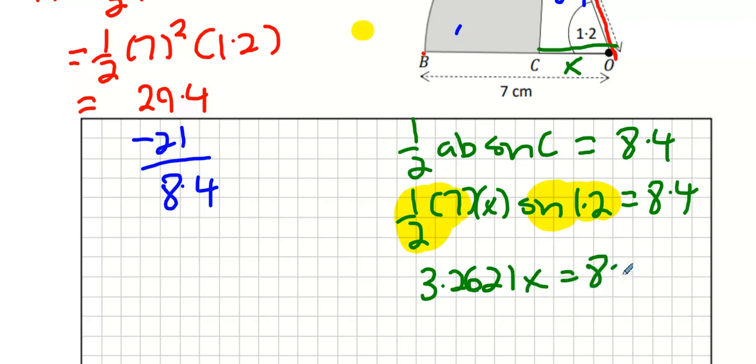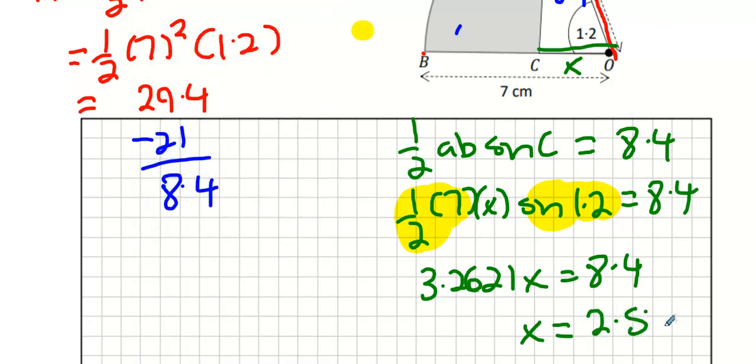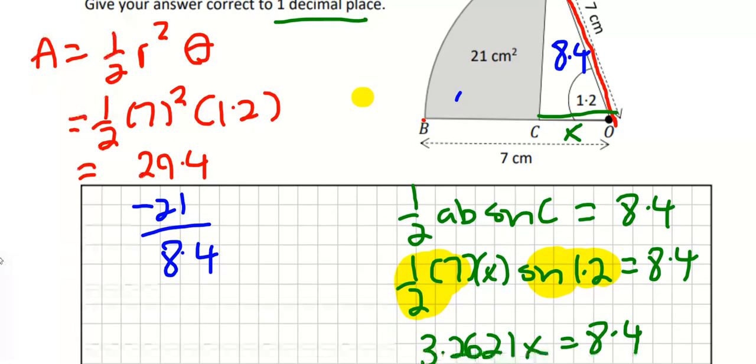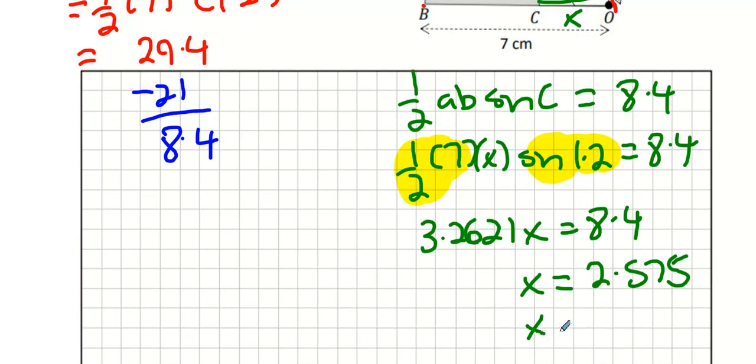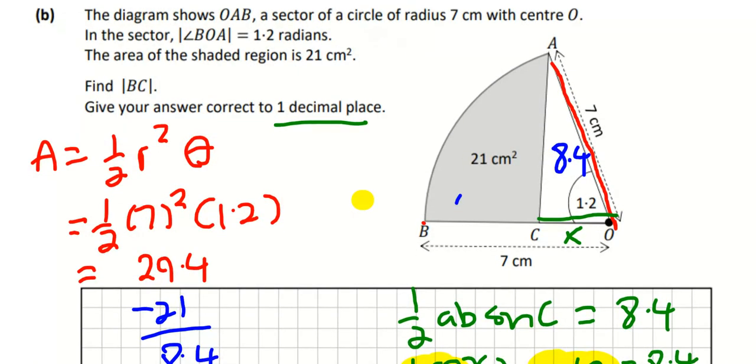So 3.2621 X equals 8.4. Then I'm going to divide that into 8.4. I'm going to do 8.4 divided by answer. I'm going to get 2.575 for X. Now what does it want? Correct to 1 decimal place. So it's going to be 2.6. Now, to get the length of B to C is just going to be this purple line here.